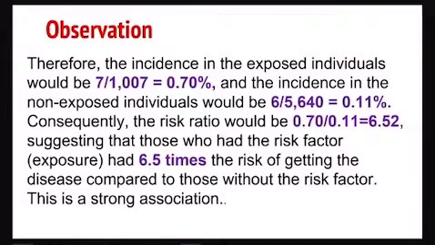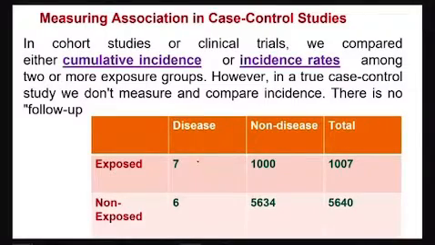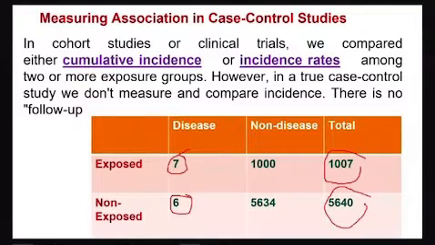You know what we calculated the other time, that we call cumulative incidence: 7 over total, 6 over total. What are we trying to do? We are analyzing the likelihood of disease in different classes, in those who are exposed and in those who are not.